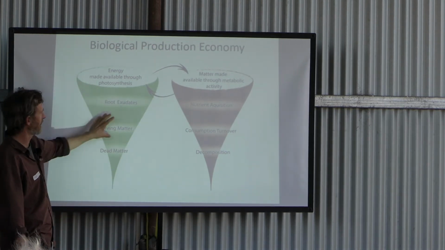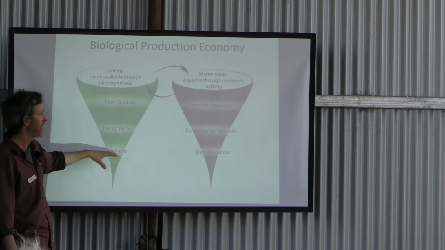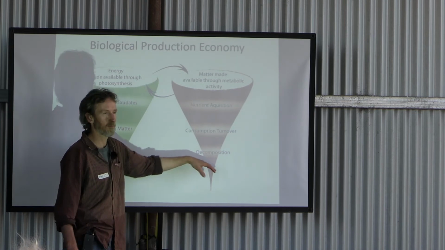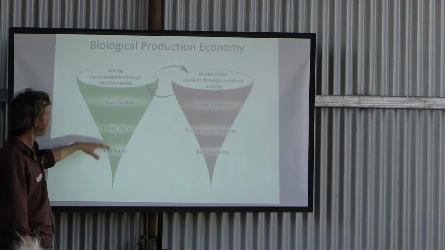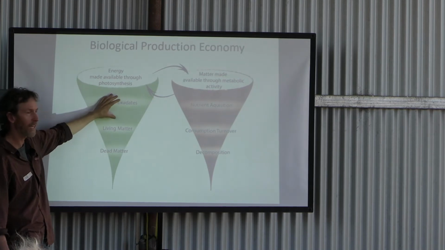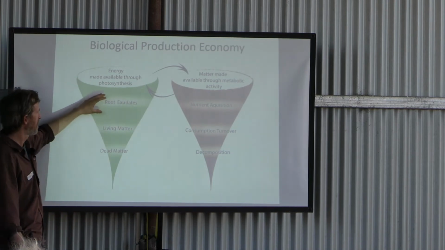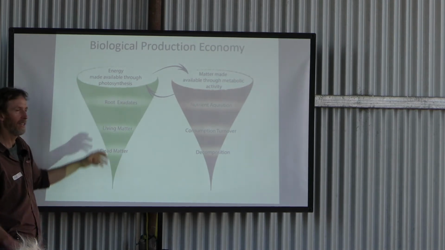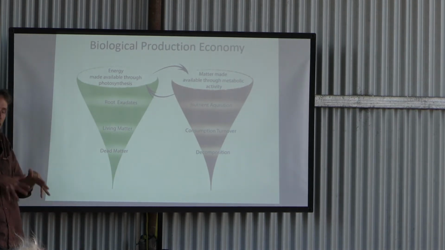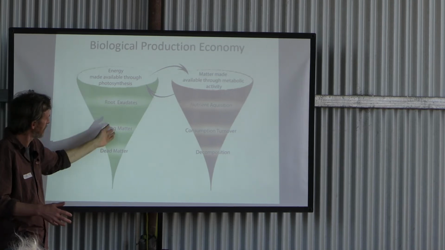And then finally, at the end of it all, it's the middle of summer, everything's dried off and it's just dead matter. This process can happen, but you think about it, a plant up here is putting out a lot of energy, going straight from photosynthesis to microbes. By the time it's living matter, the plant has had to use up energy in growing, so it's already wasted a lot of energy, and the energy that's available is less.